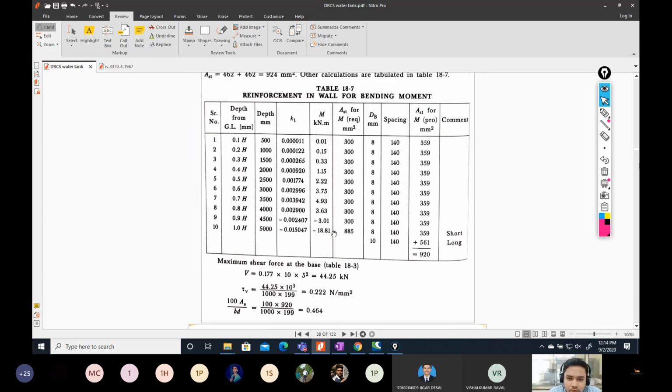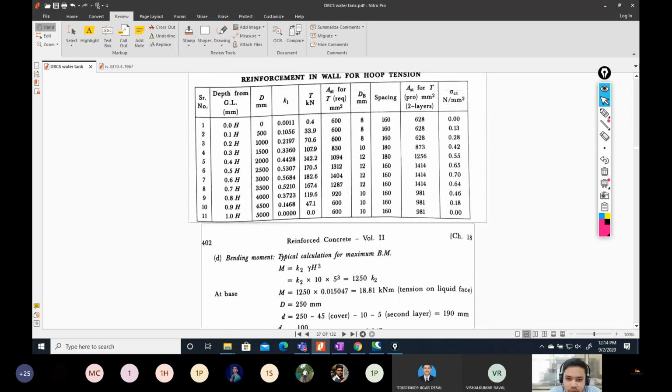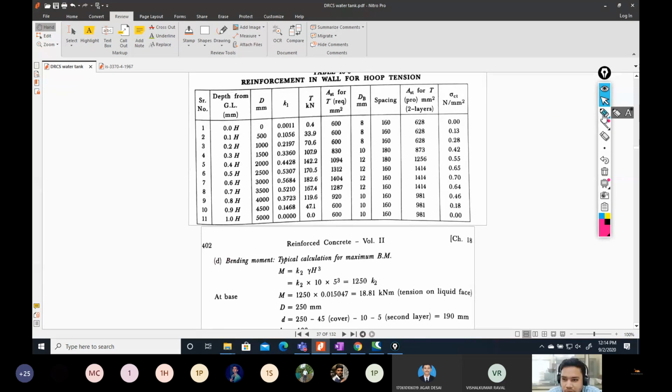Okay, we have grouped here based on the bar diameter. Since the moments are very less, we cannot provide a different bar diameter and different spacing for each corresponding tension. So what we have done, these are grouped here.